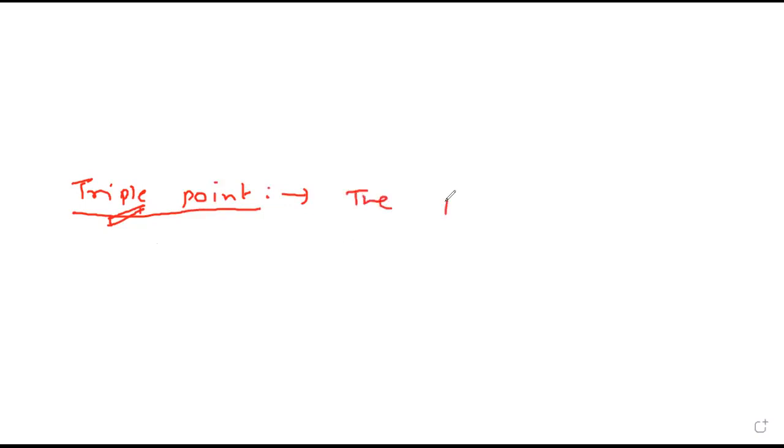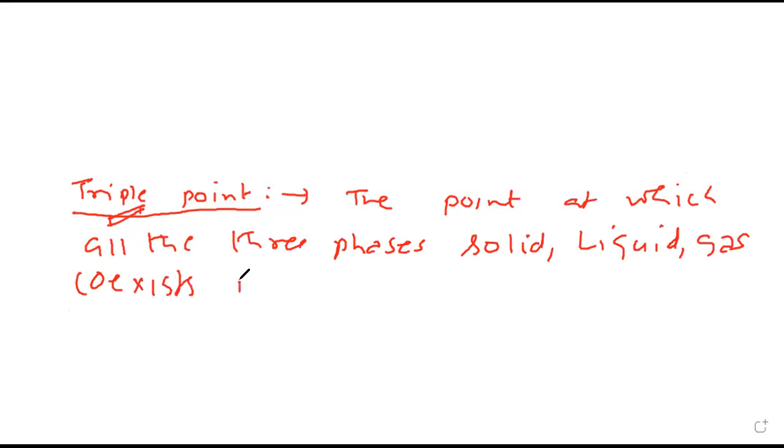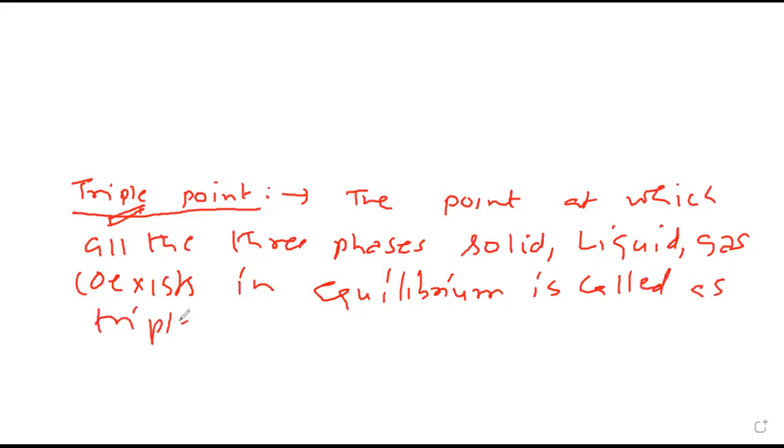So the point, meaning the condition, at which all the three phases, solid, liquid, gas, coexist in equilibrium is called the triple point.